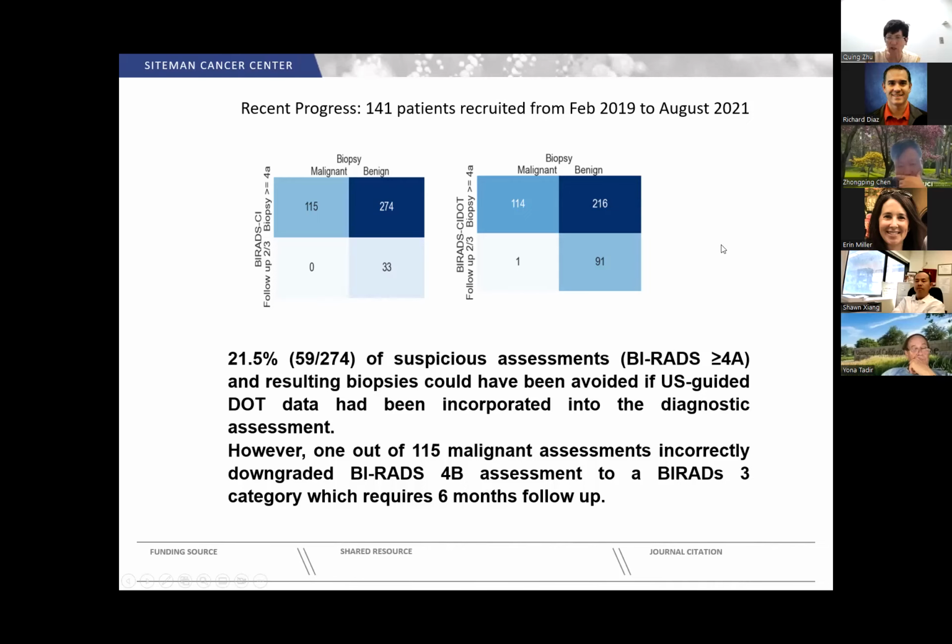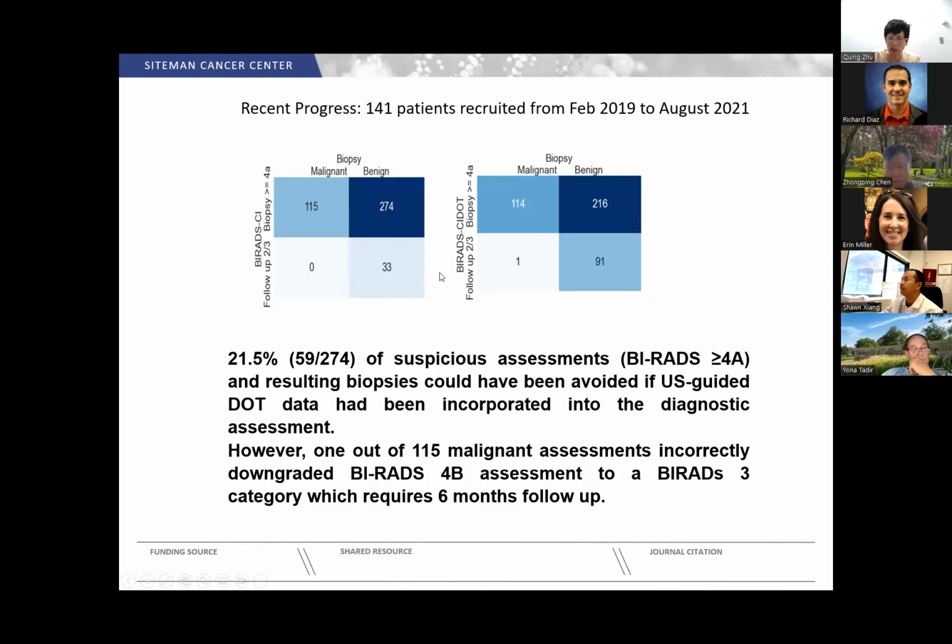So this is 146 patients that we collected up to last year summer. Recently we finished about 200 patients, but we haven't gotten all the radiologists together to read one more time. From 148 patients, we see that we can actually reduce benign biopsies by 20%.